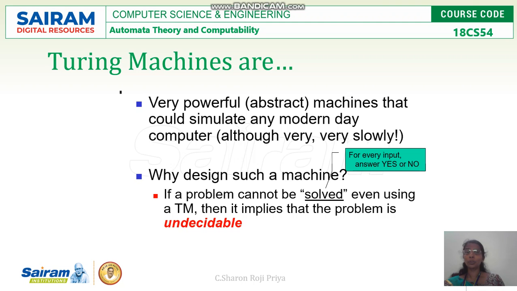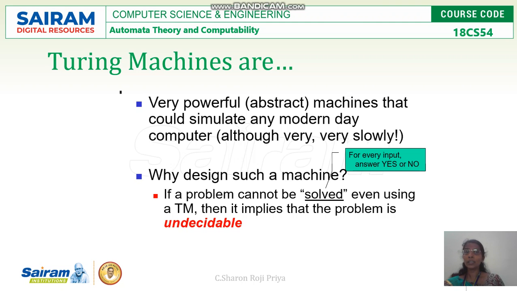Suppose there are some problems that I cannot solve. Such types of problems are known as undecidable problems. I cannot write the step-by-step procedure, or even with my Turing machine, I cannot get a solution for such problems.